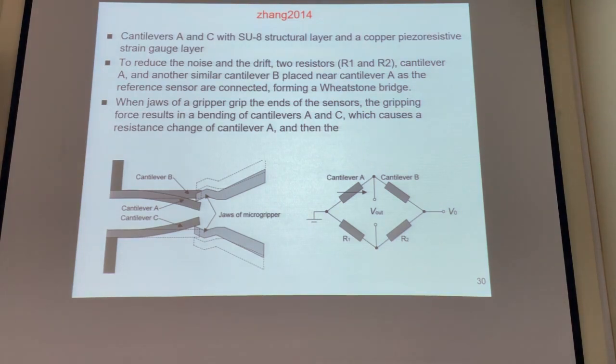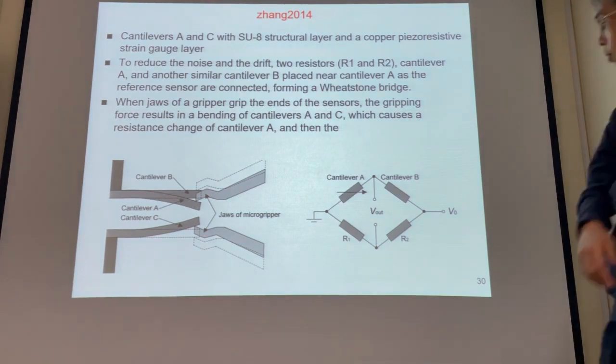Okay, could you read the second point? To reduce the noise, between two resistors R1 and R2, cantilever A and another sample, cantilever B, placed near cantilever A as the reference sensor, are connected, forming a Wheatstone bridge.